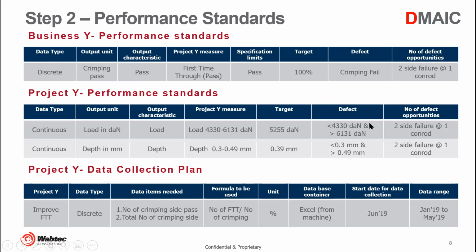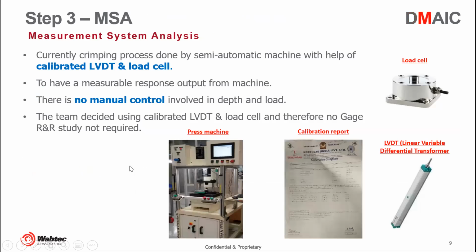And the defect would be, for example, for the load, if it is less than 4330 decanewtons and greater than 6131 decanewtons, because these were the specifications. And similarly for depth, if it was less than 0.3 millimeters and greater than 0.49 millimeters. So primarily then the project why, another important parameter was data collection. We go to the next slide.